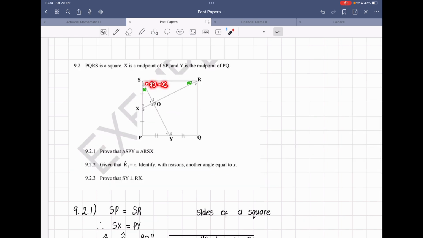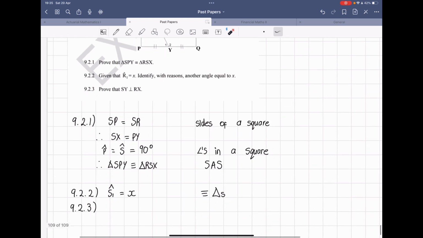Then I've got three angles in this triangle SOR. So this angle and this angle and this angle must all equal 180 degrees because of angles in a triangle.